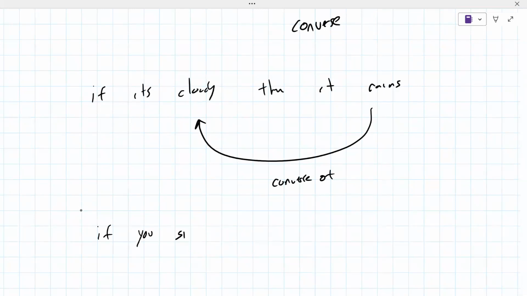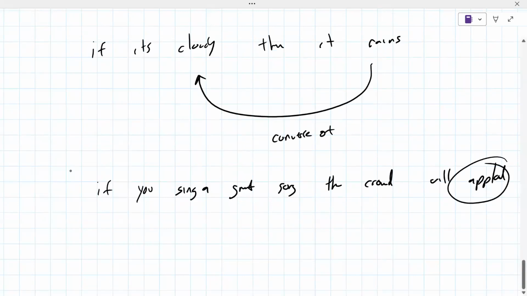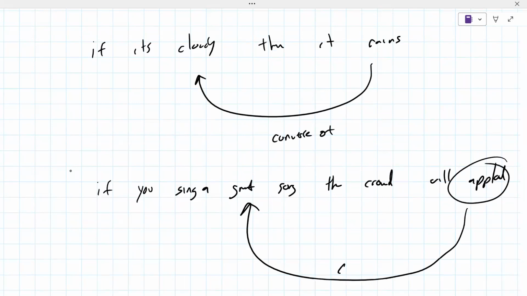Okay, if you sing a great song, the crowd will applaud. And so if I show up and the crowd is applauding, what do I know has happened? You must have sung a great song, and that's the converse. Going forward is just the definition: if I sing a great song, then people are going to applaud because you're really good.